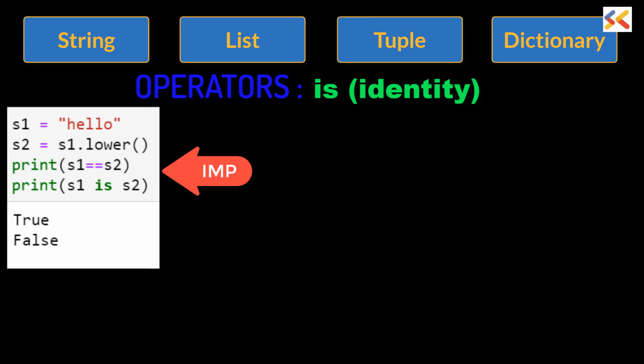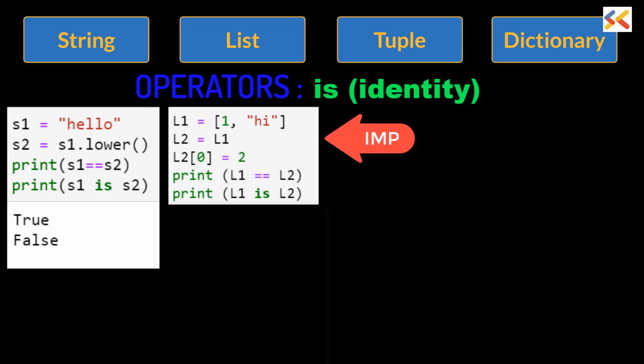But the is operator will return false as string is immutable. So when we used lowercase method, it returned a new object at a different address. So even though the value is same, is operator will return false as their address is different.